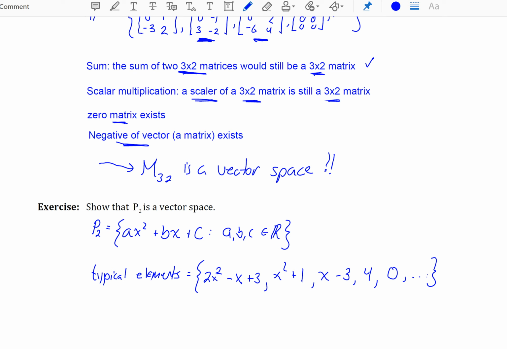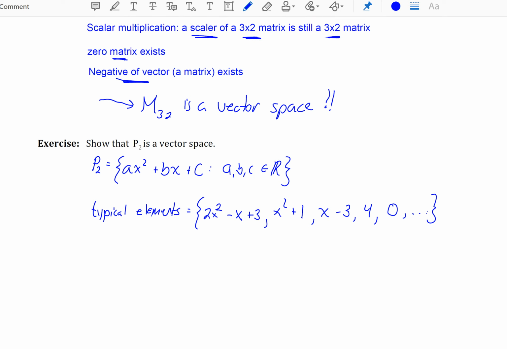And I want to show this is a vector space. So to show that this is a vector space, you'd want to look at the sum of two P2 elements. So maybe this might look something like A1 x squared plus maybe B1x plus C1, and add that to another P2 element, A2x squared plus B2x plus C2, where all the A's, B's, and C's could be real numbers.